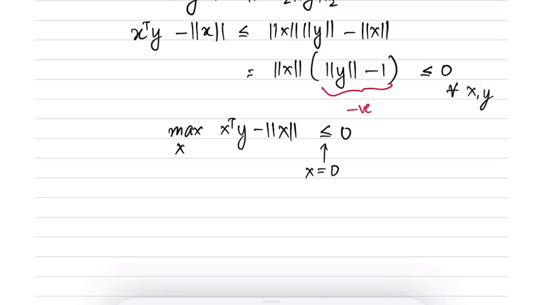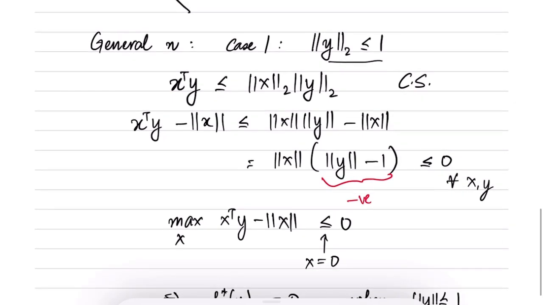So this inequality becomes an equality when x equals 0. So the maximum of this is equal to 0 and it is attained at x equal to 0. In other words, we can conclude that f star of y for f of x equal to norm of x is equal to 0 when norm of y is less than or equal to 1. So that was case 1.